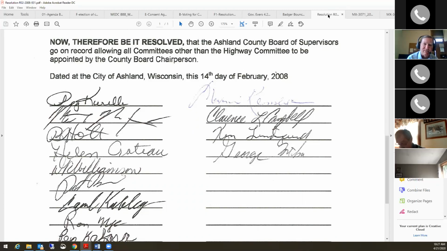You got that, Dick? Sorry, this is Charlie. Wouldn't this resolution, even though the rationale for it is now moot, if we still agreed that only the highway and executive committees are the elected ones, couldn't we still vote for it and approve it now?